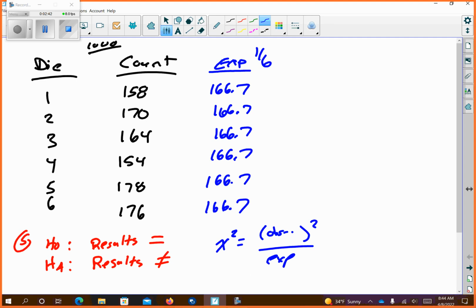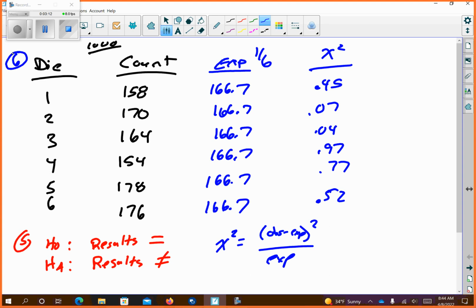Yeah, observed minus expected, over expected. Okay, so that means our chi-squared is 0.45 here, 0.07 here, 0.04 here, 0.97 here, 0.77 here, and 0.52 here. So filling this whole thing out answers number 6.